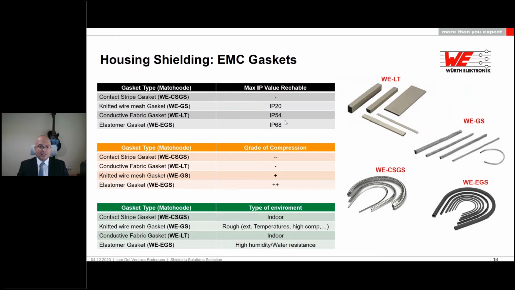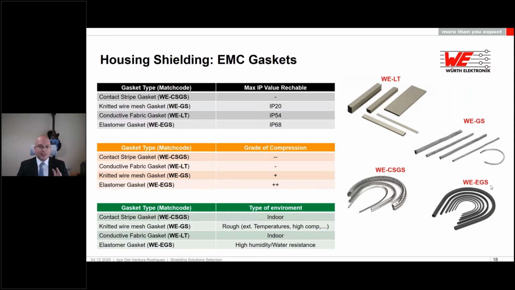So it's the highest IP rating that we can offer you. Meanwhile, CSGS, because as you can see here on the picture, it's got slits, will not offer you any IP protection.